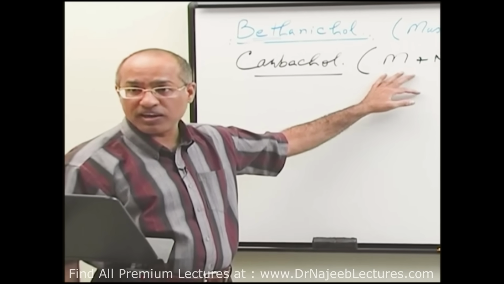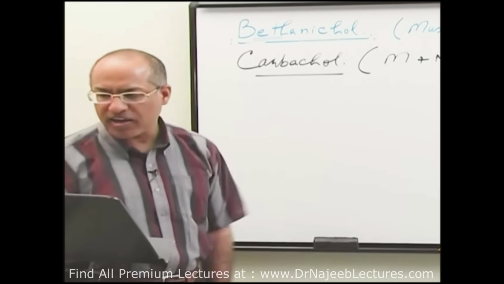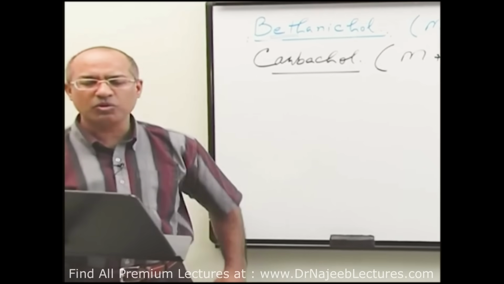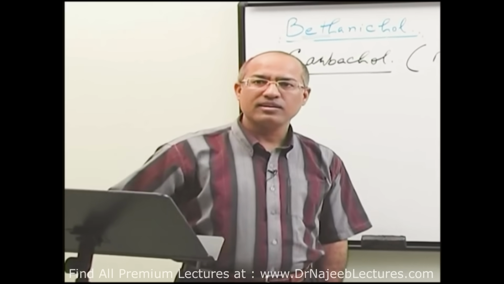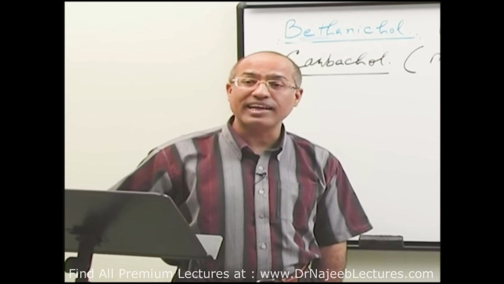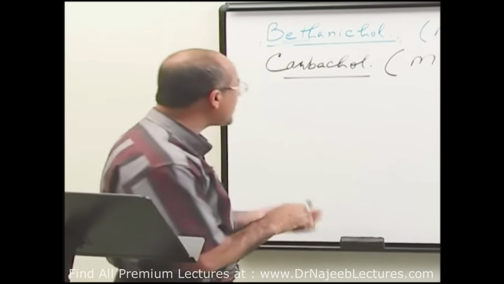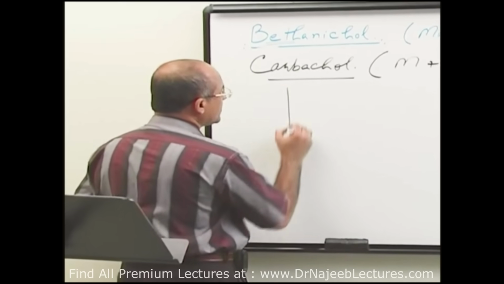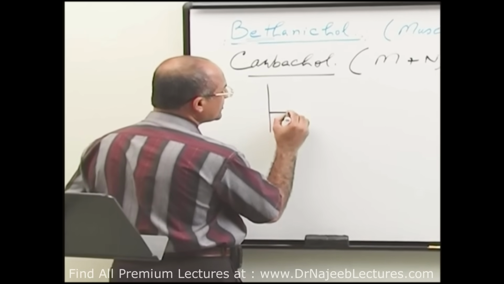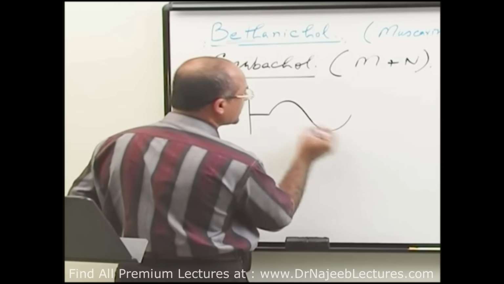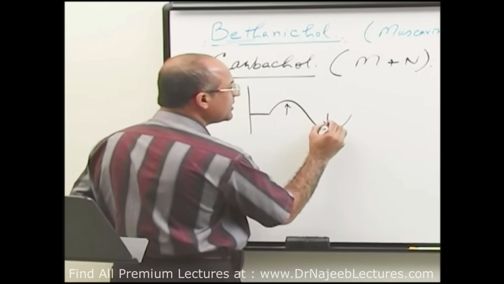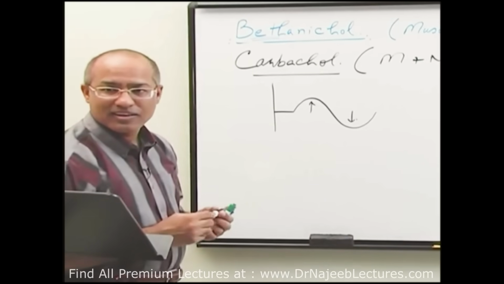Carbachol is not commonly used systemically because it can intensely stimulate generalized ganglia, right? Initially it stimulates the ganglia and then the ganglia go into depression. So first stimulate and then inhibit, right?